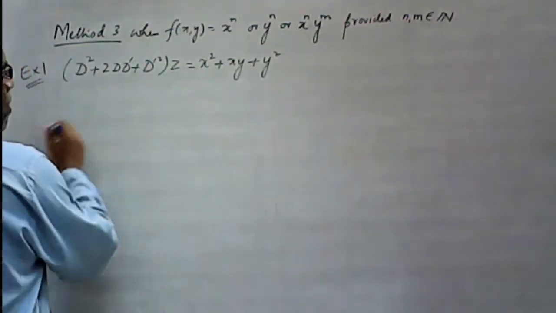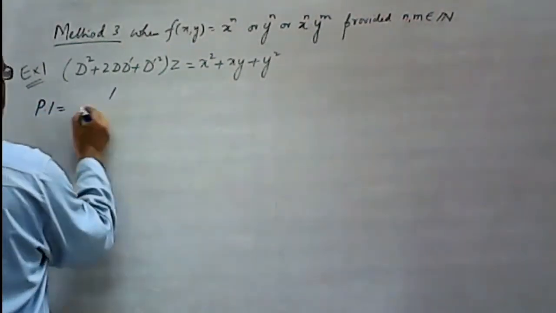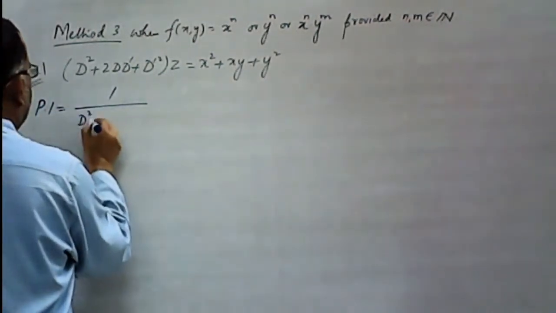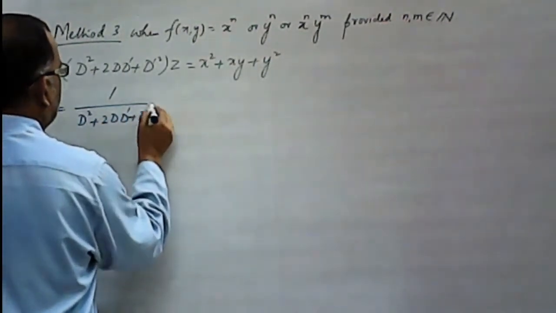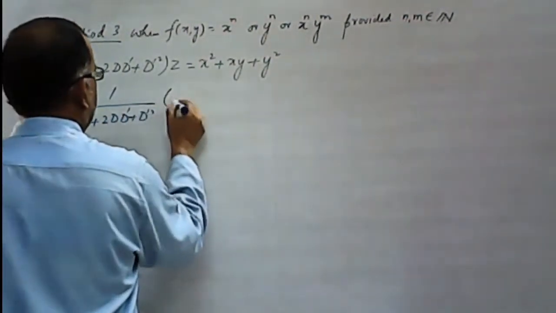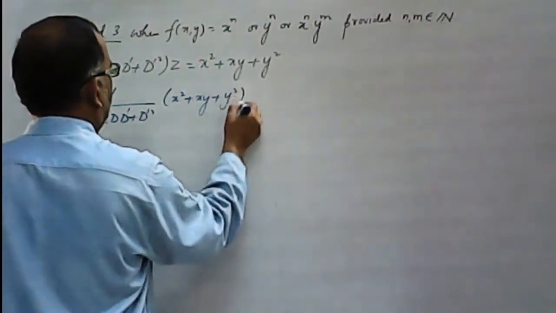Now, again, finding the particular integral means 1 over D square plus 2DD dash plus D dash square is equal to x square plus xy plus y square.